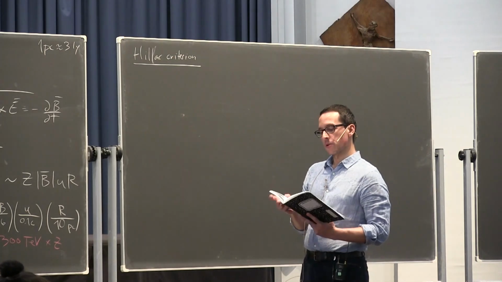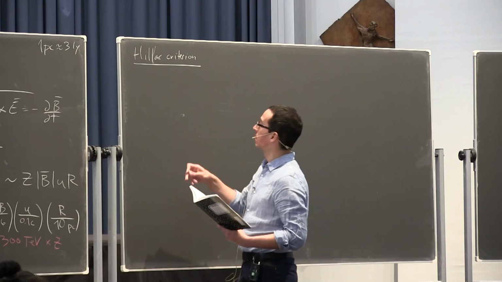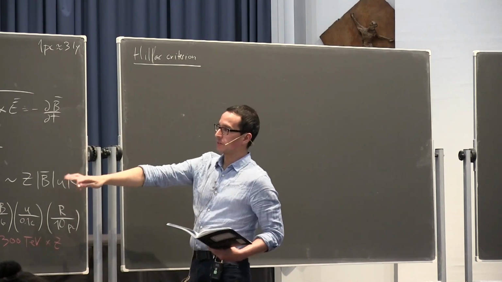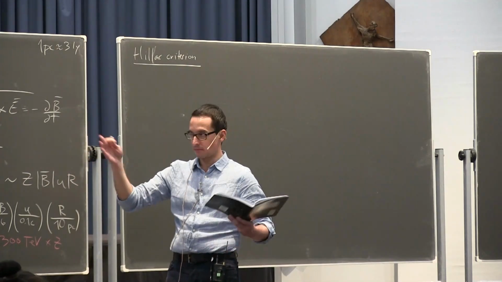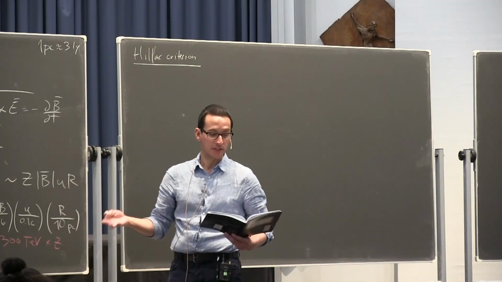Okay, so the Hillas criterion. This is a slightly different way of framing that. What this is expressing really is that the acceleration of a particle inside the acceleration region can only last while the particle is inside the region.